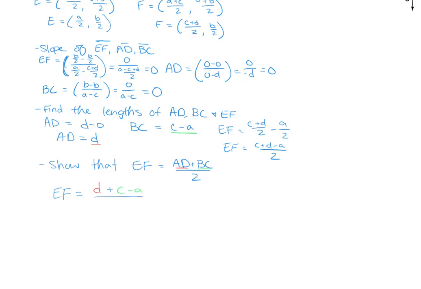And then we divide that whole thing by 2. If it helps to keep things more separated, we can put those into parentheses. Then when I simplify, I'll get the same thing.